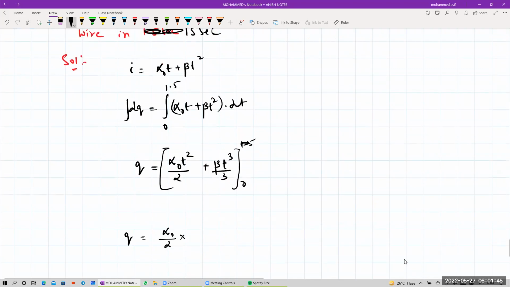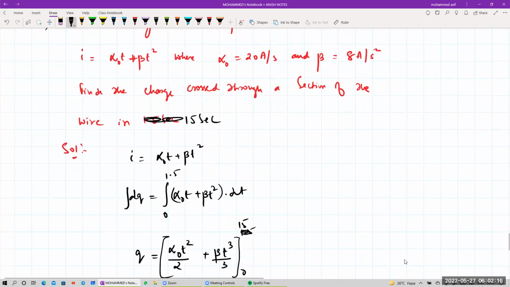This limit will be 15 seconds, so upper limit will be 15 square, that is 225. Plus beta divided by 3 into t cube. 225 into 15 can be written as 3375. Isn't it? Just simplify this one.